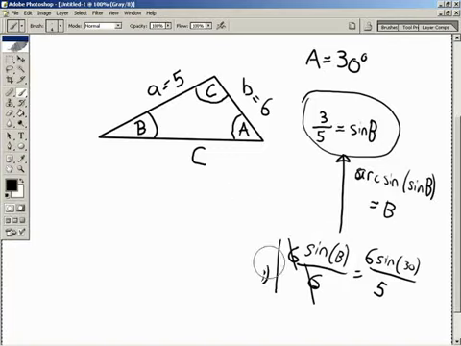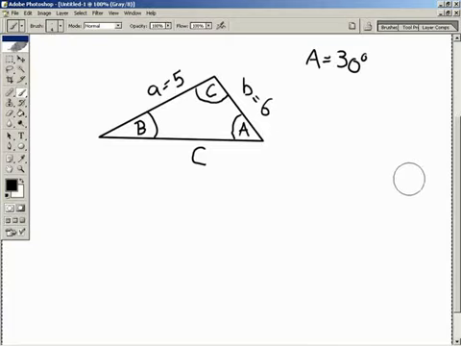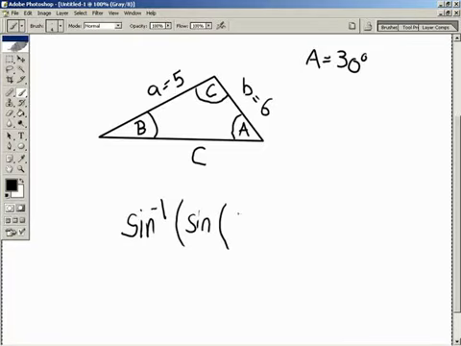It'll just take a second. In your calculator, what you'd want is something like to end up with this. Sine, with a little -1, meaning arcsine, of sine of B equals B.